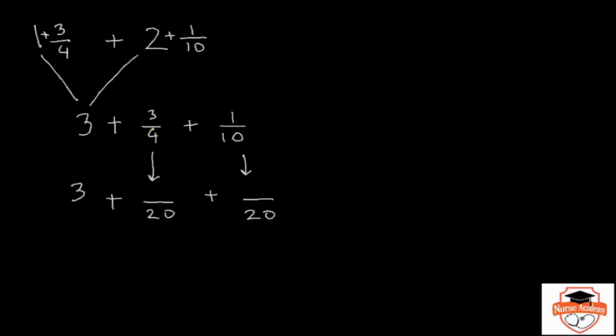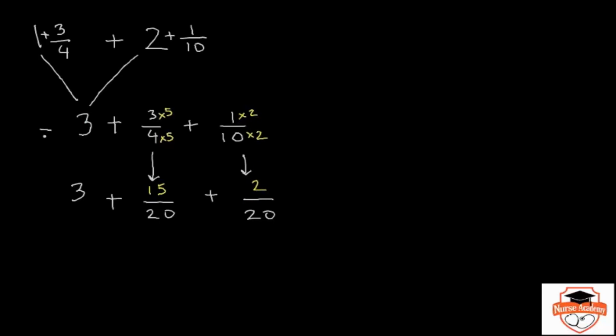Now, how many times does 4 go into 20? 5 times, right? 4 times 5 is 20. Therefore, do the same with the 3 on the top. That gives you a 15. And then 10 times 2 is 20. Do the same on the top. 1 times 2 is 2.